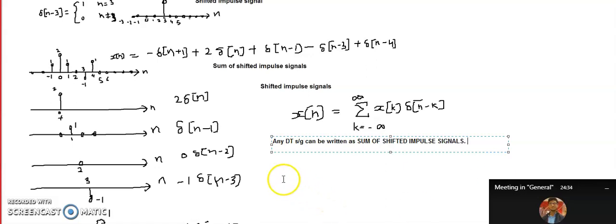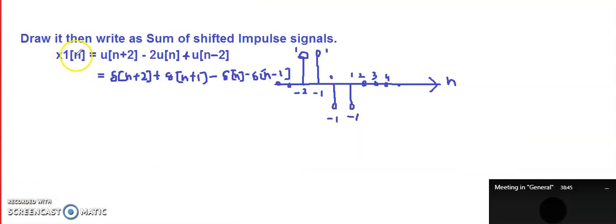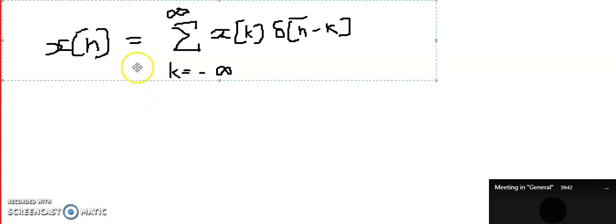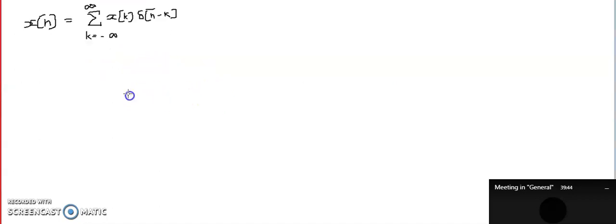Okay, any discrete time signal can be written as sum of shifted impulse signal like this. So if we take x1n like this, it could be drawn like this. Okay, and in terms of unit impulse signals, it could be expressed like this. So any signal can be expressed as sum of shifted impulse. This was the story for unit impulse discrete time signals like this.